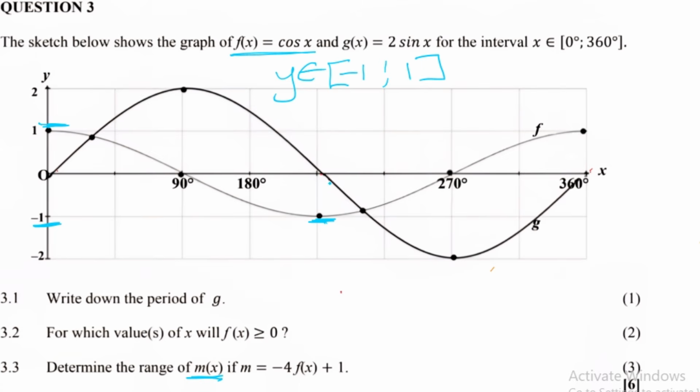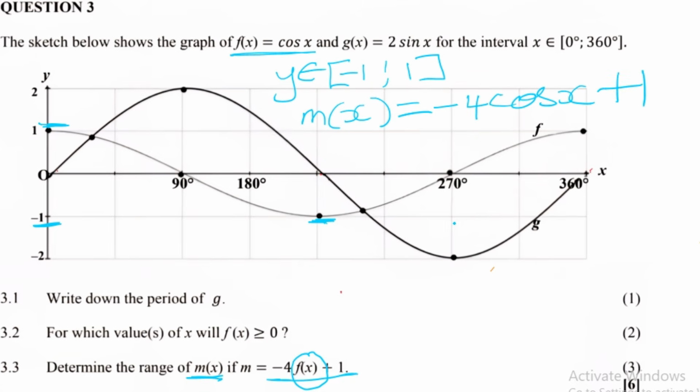This was going to be the range. Now m of x is equal to -4 f of x, where f of x is equal to cos x, and then plus 1.